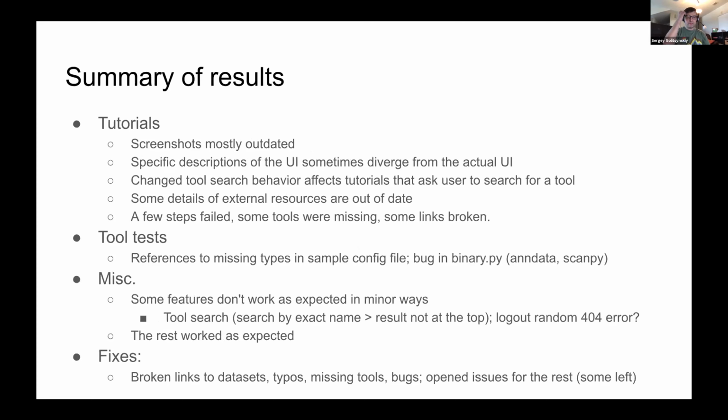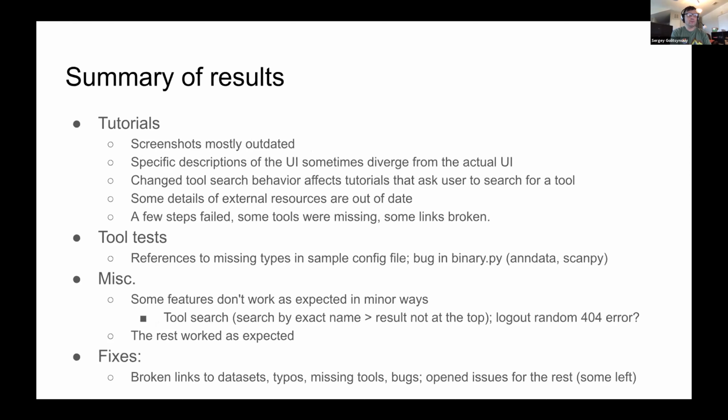So, summary of results. I will go through this list and then I will provide specific examples for different points. So first, tutorials. The screenshots were mostly outdated, and that was expected. Outdated colors, details of UI, that included both significant and not significant discrepancies.